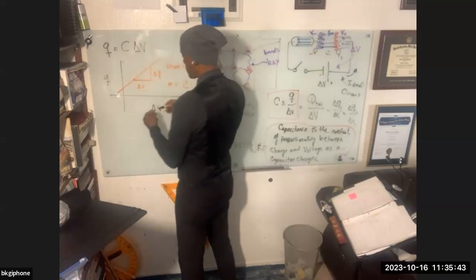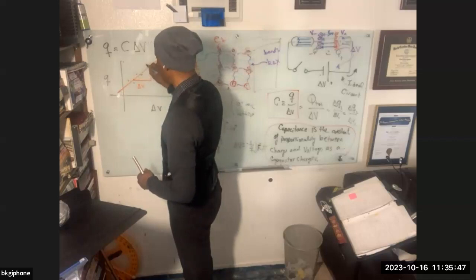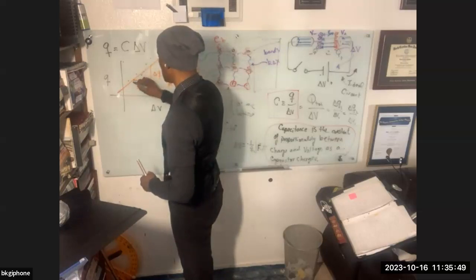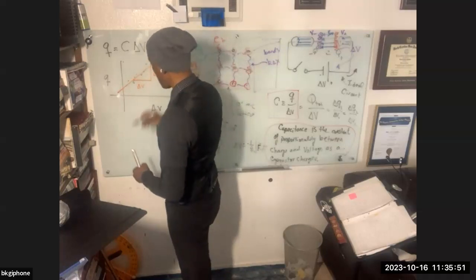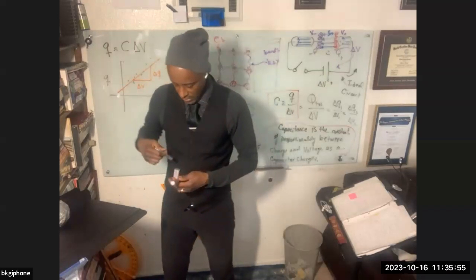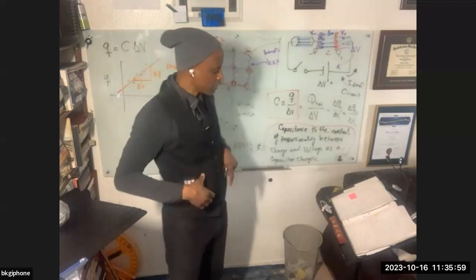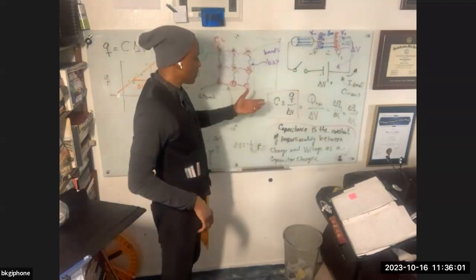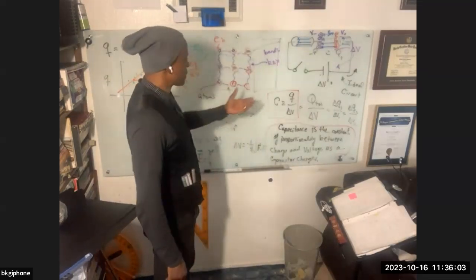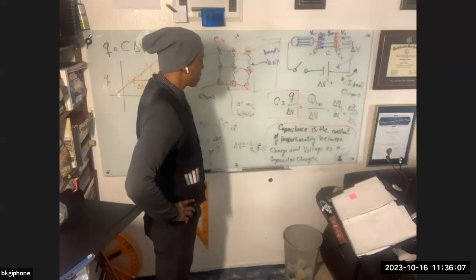You could get a series of data points, and it might look something like this, with an average line, a linear regression. You can get the least squares fit, and then experimentally determine, if you're solving for capacitance, what the capacitance is.